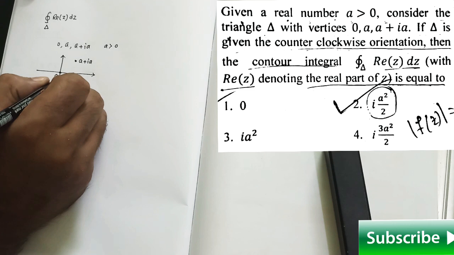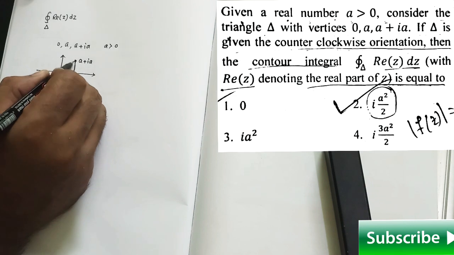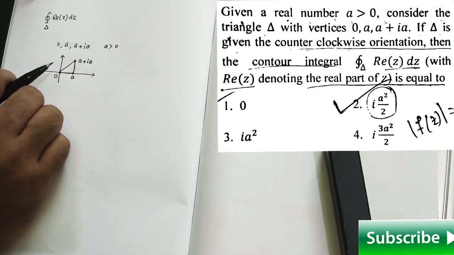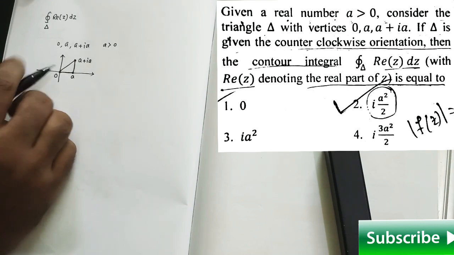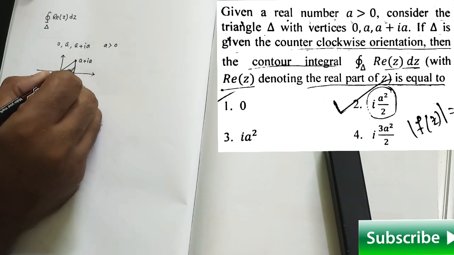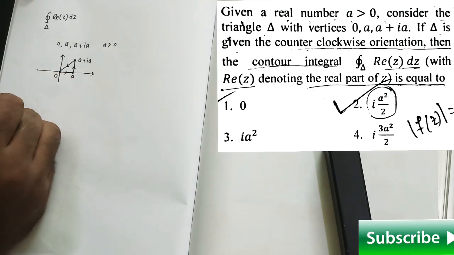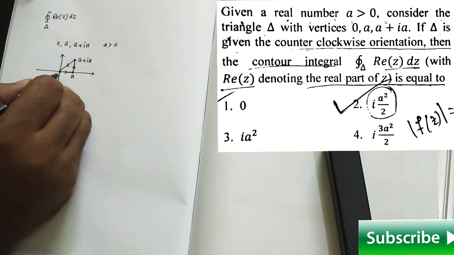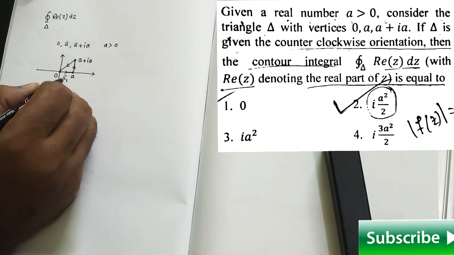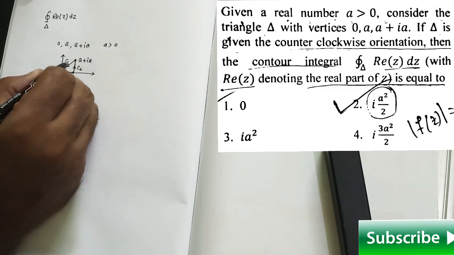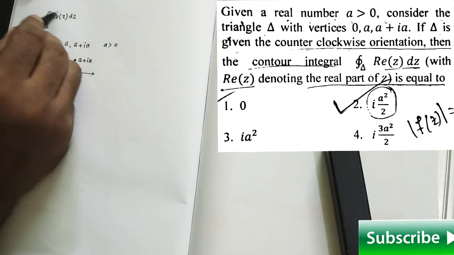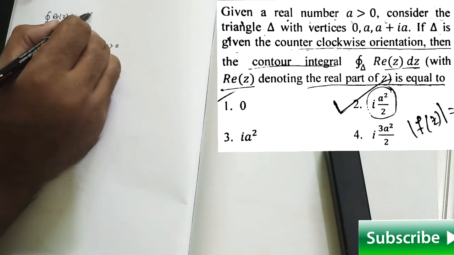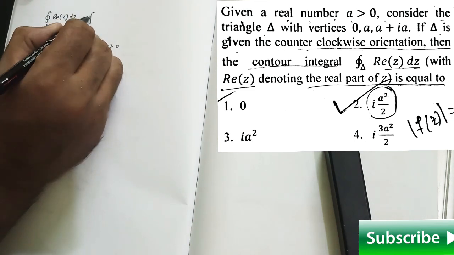So these are three vertices and connect them and you will get this kind of triangle. So here delta is given the counterclockwise orientation of this contour, so this is your delta, and this delta can be broken in three parts. One, say C1, this is C2, this is say C3. That means this given contour integration you can break it in three parts.